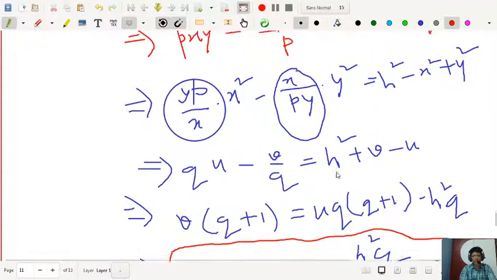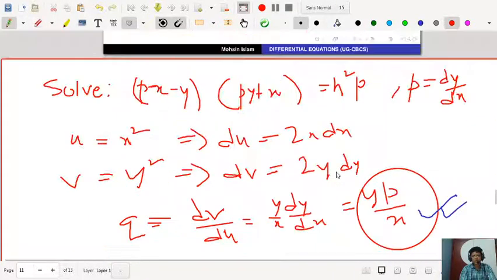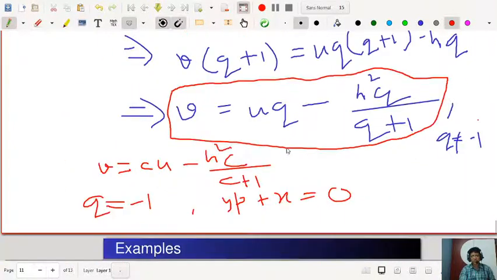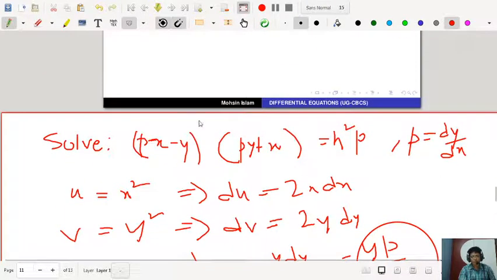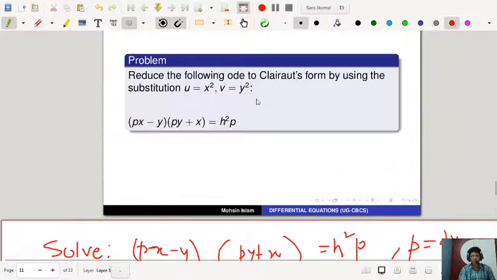In that case, your h square would be 0, which is absurd, because h square is a non-zero quantity, right? So this is the case where q is not equal to minus 1. You can further check that. So that was the problem, and that was how you transform this given ODE of first order but of higher degree to Clairaut's form with this substitution.